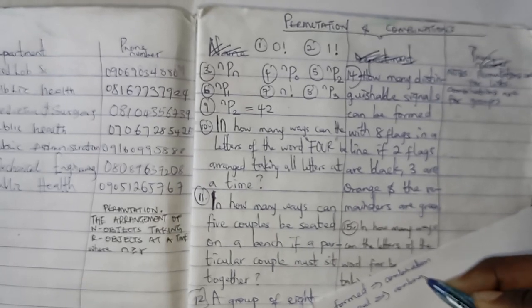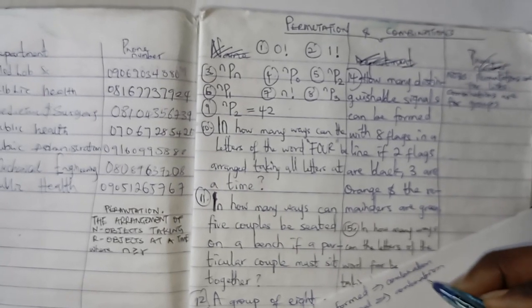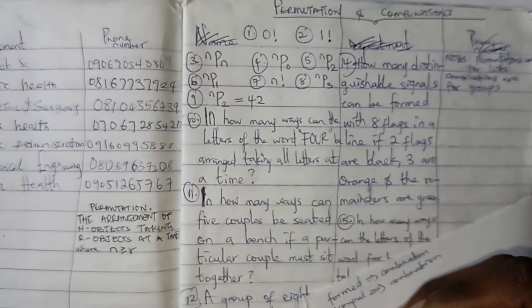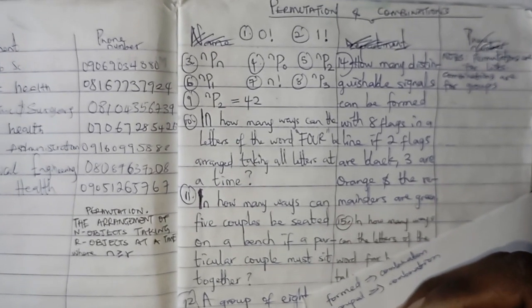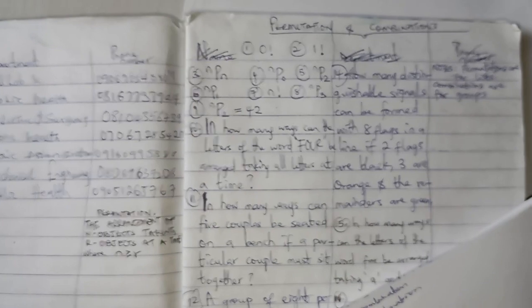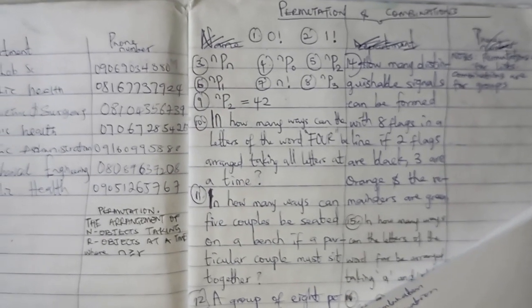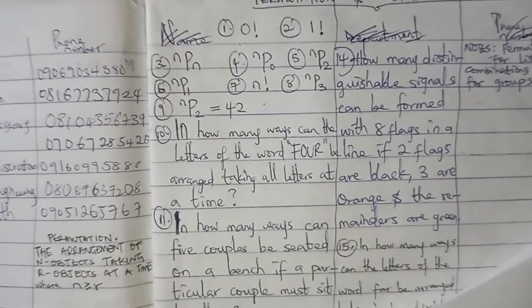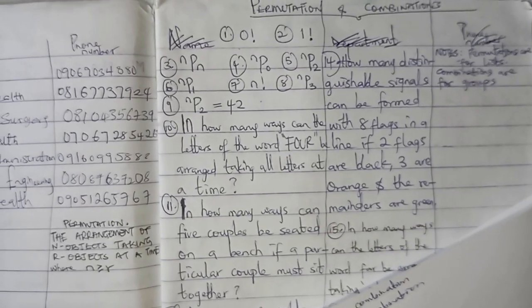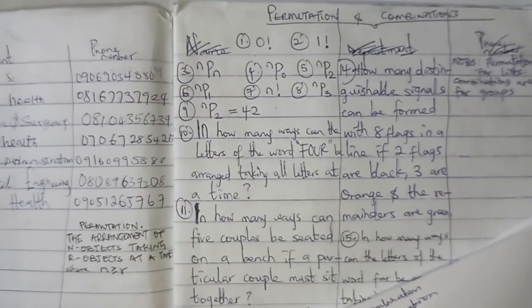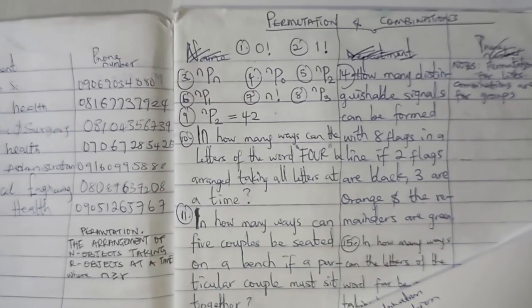When a question is given to you, they tell you how can the vice president be made, president be made, chairman be made, in that kind of question, order matters. That type of question is permutation. But if they want to make the election and select from people, there's no order there, you know it's combination.